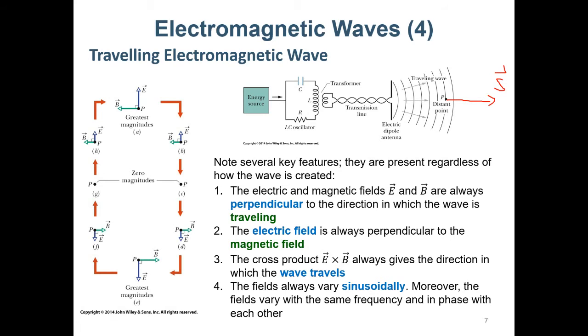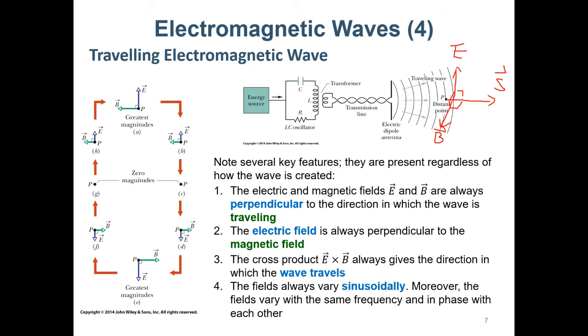Also, the E field is always perpendicular to the B field. So it's somehow like we have the E field perpendicular to the B field, the E field perpendicular to the Poynting vector, and the B field perpendicular to the Poynting vector.